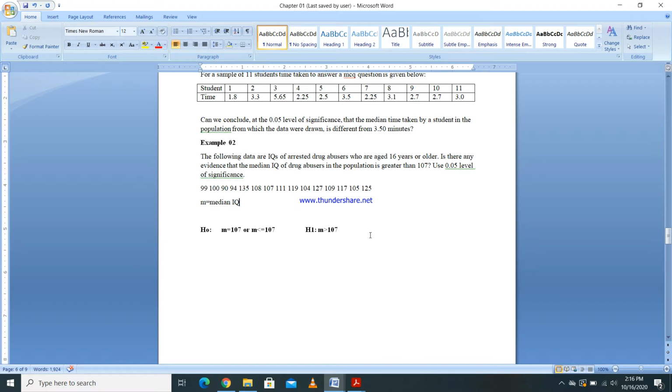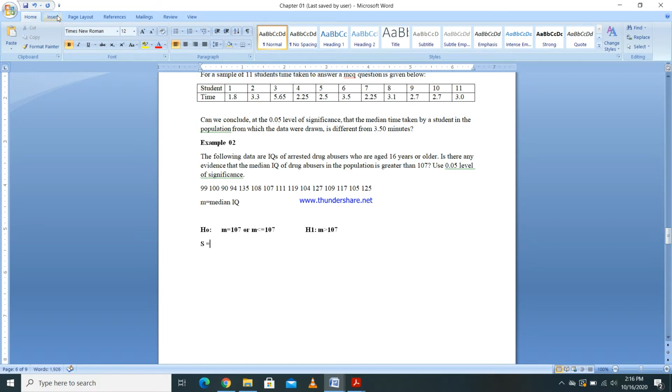Now the next step would be, what is our test statistic? We know our test statistic is denoted by capital S, and in this case if you look at the alternative hypothesis H1, you have the greater than inequality.